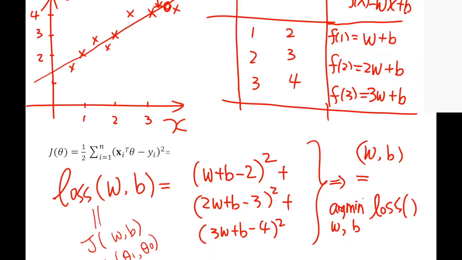All right, so this is a good function. J(theta), the sum of squared error, is really a good function. There's a reason why we introduced it first: it's easy to take the gradient, easy to differentiate, and also has good properties.